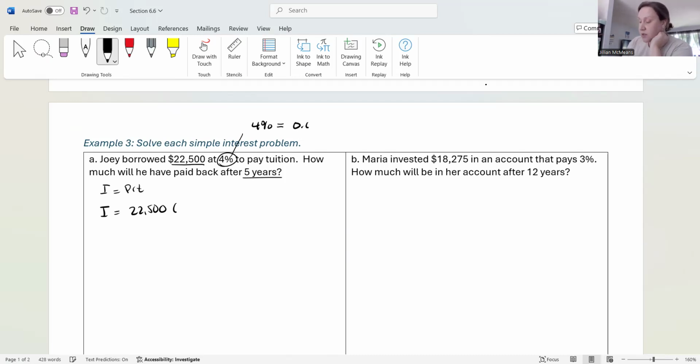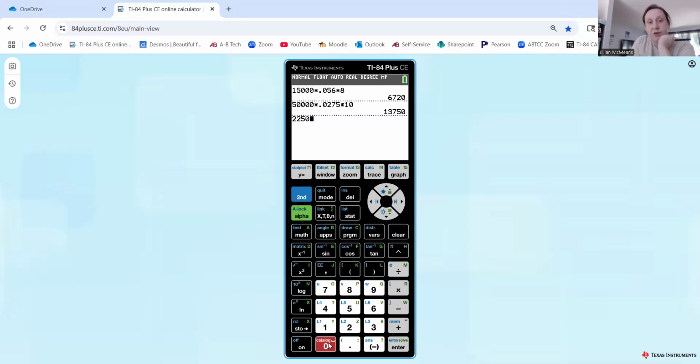So 4% is 0.04. So 22,500 times 0.04. And then we need to multiply it by the number of years on this loan, which is 5. Okay, so we can go to the calculator here. And we have 22,500 times 4%, which is 0.04, times 5. And at the end of 5 years, Joey will owe an additional 4,500 in interest.